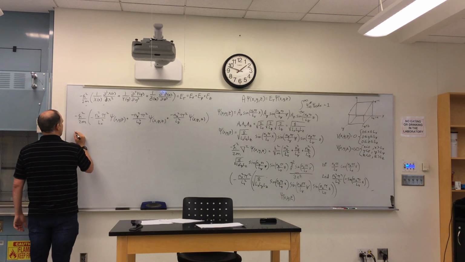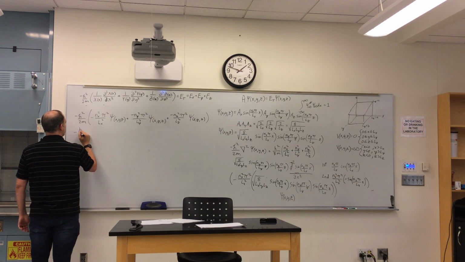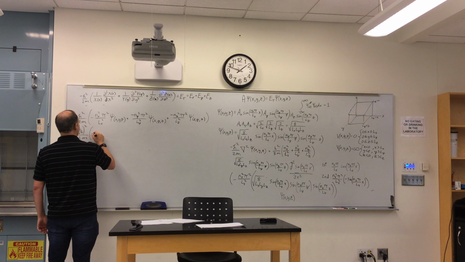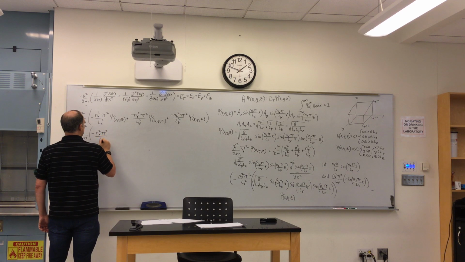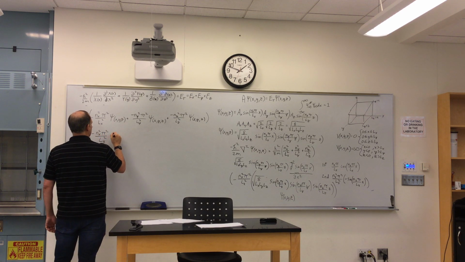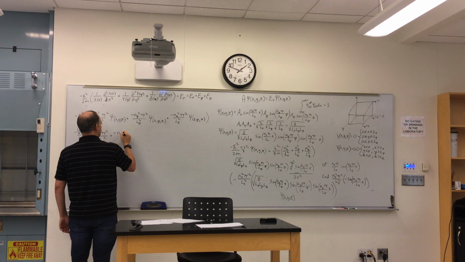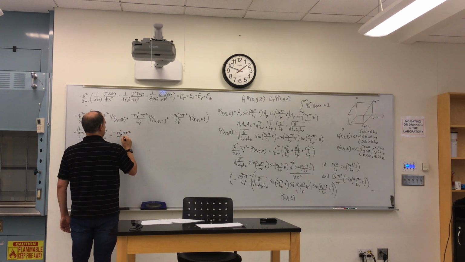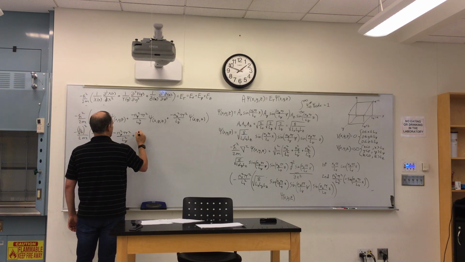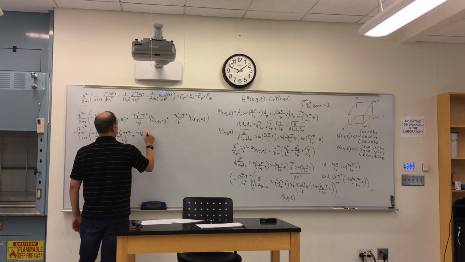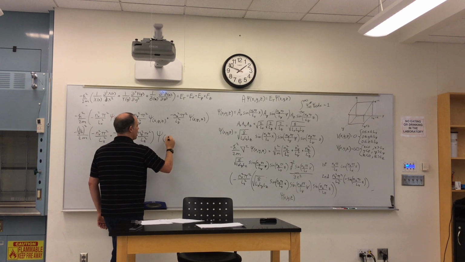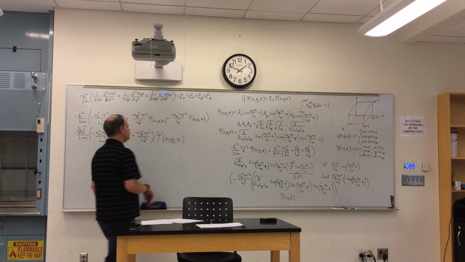So this is minus h over 2 pi squared over 2m, times minus nx squared pi squared over Lx squared plus negative ny squared pi squared over Ly squared plus negative nz squared pi squared over Lz squared, psi of x, y, z.